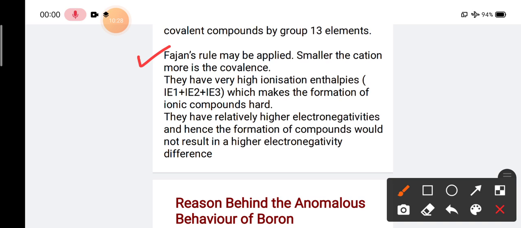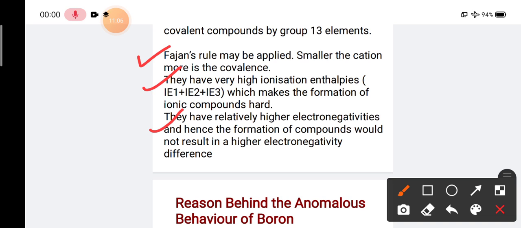The second point is their high ionization enthalpies or energies. As group 13 elements have high ionization enthalpies, the formation of ionic compounds is very hard. So that is the second reason. And the last reason is they have relatively higher electronegativities, so the electronegativity difference is not that large. As we know, if the electronegativity difference is not great, it cannot form an ionic bond.